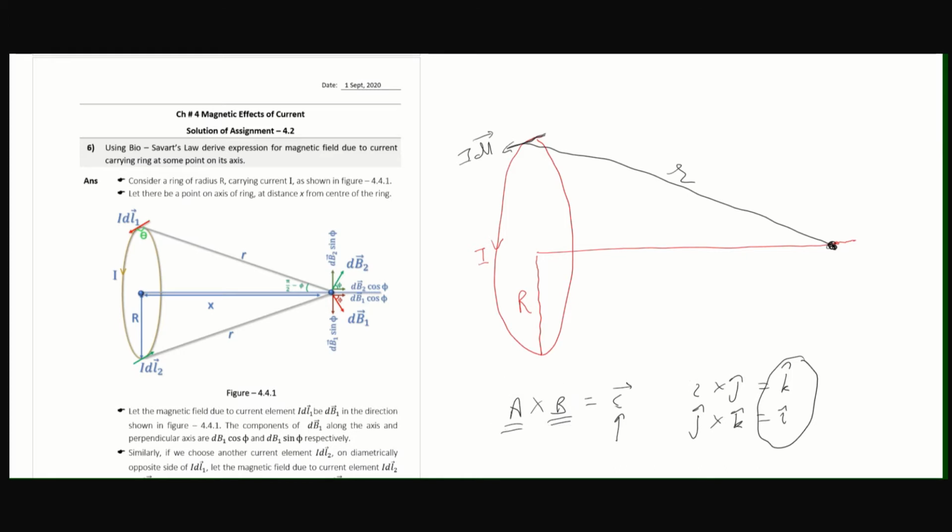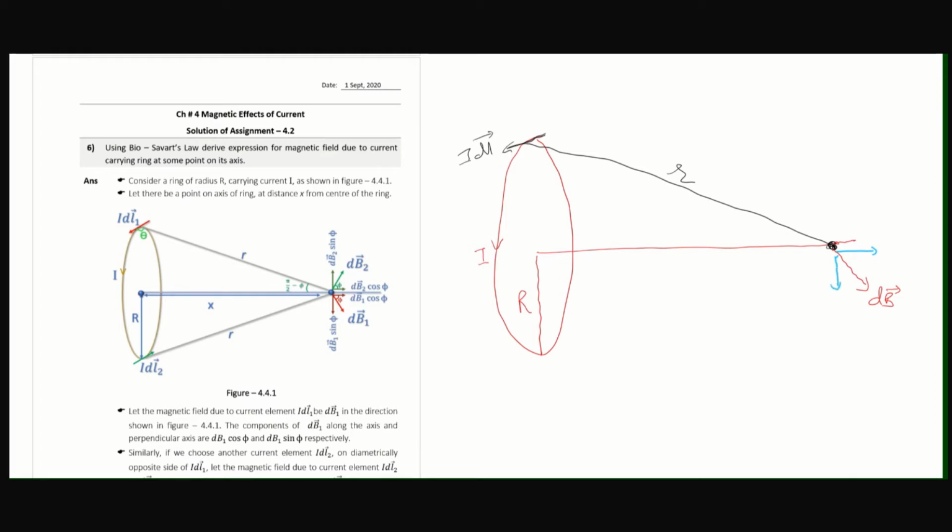So here also, if my I dL and r both are as shown in the figure, where is the next vector? That is the dB. So dB would be somewhere here. Suppose this is dB. Now for this dB, I can always define one component along the axis and another component perpendicular to the axis, isn't it?